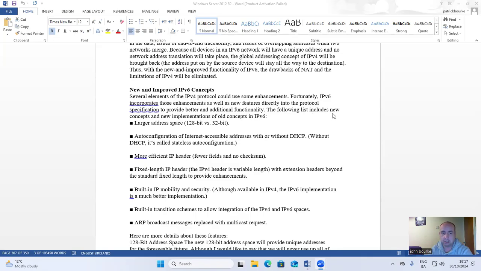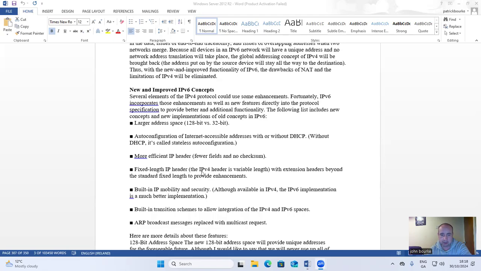The following list includes new concepts and new implementations of old concepts in IPv6: larger address space, 128-bit versus 32-bit; auto configuration of internet accessible addresses with or without DHCP. Without DHCP, it's called stateless auto configuration.